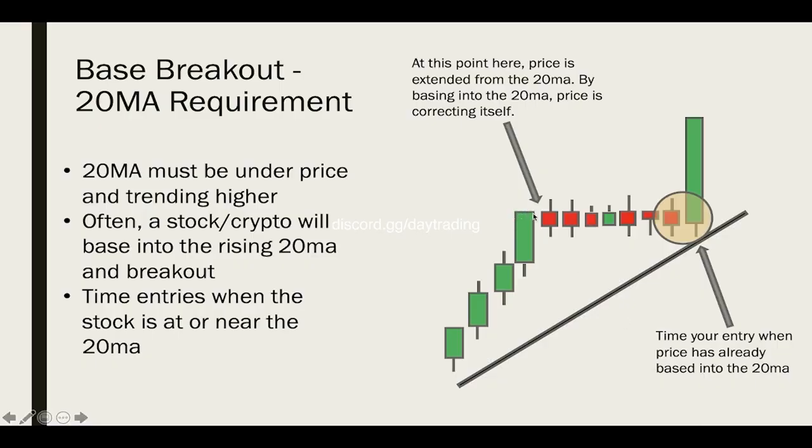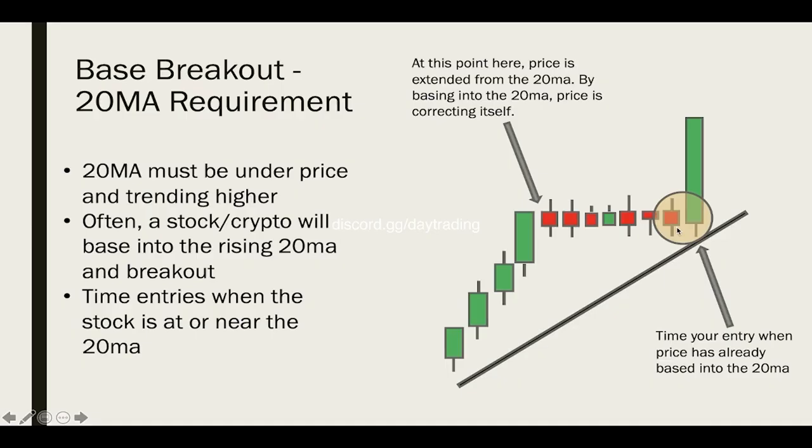We need to have a price correction. So we end up basing. And as we're basing into the 20-day moving average, price is correcting itself and it's getting ready to make the next move higher.